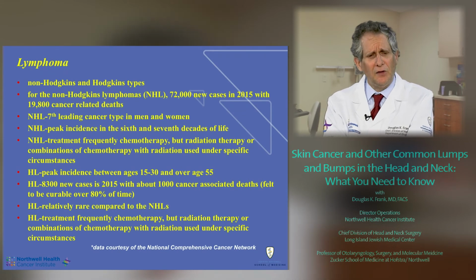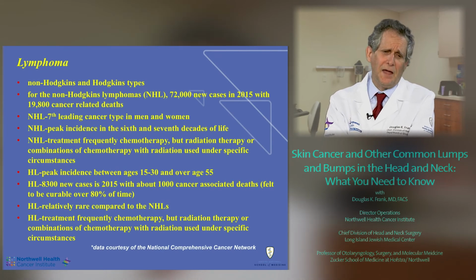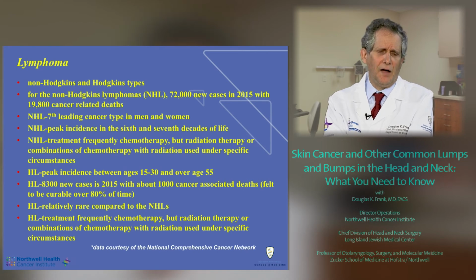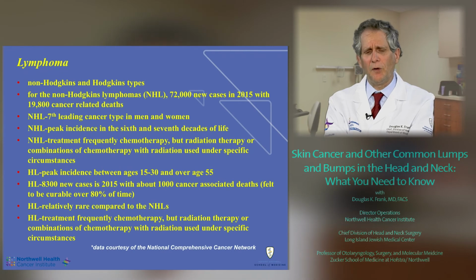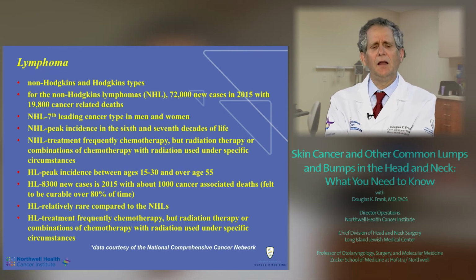For the Hodgkin's lymphomas, the peak incidence is between the ages of 15 and 30. That's the first peak. And then there's a second peak in incidence in middle age over the age of 55. Hodgkin's lymphoma is much less frequent in incidence relative to the non-Hodgkin's lymphomas.